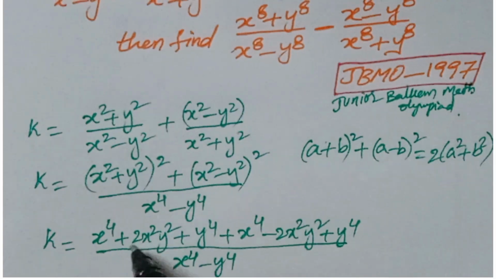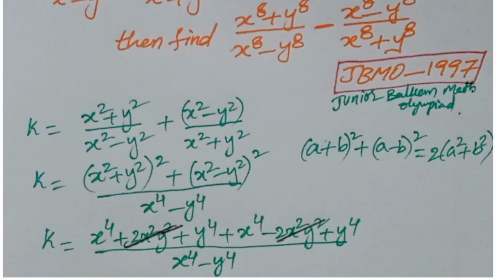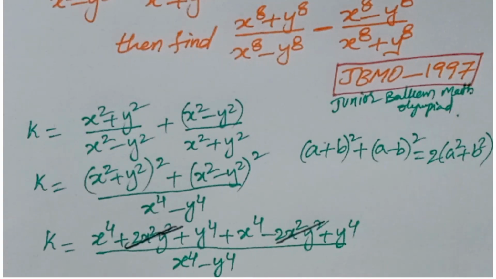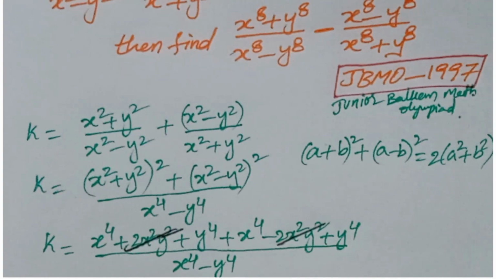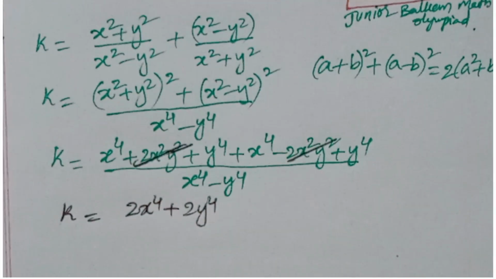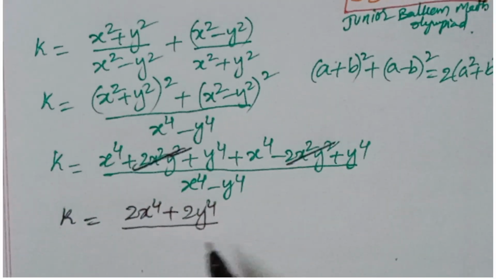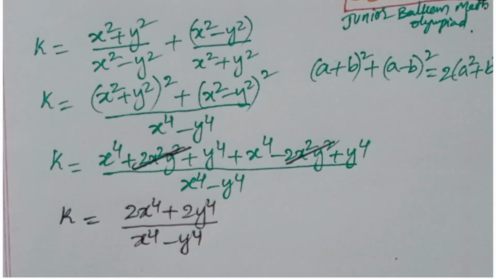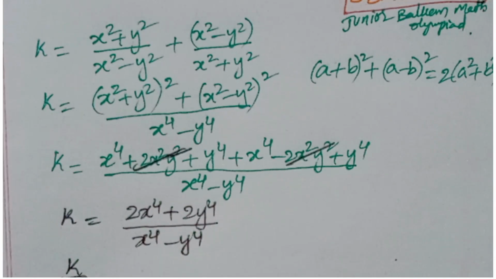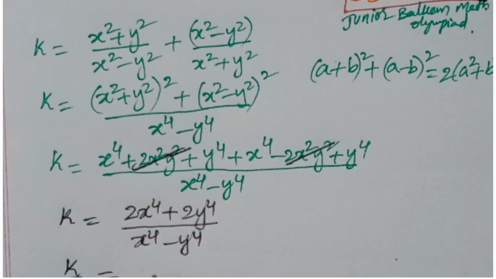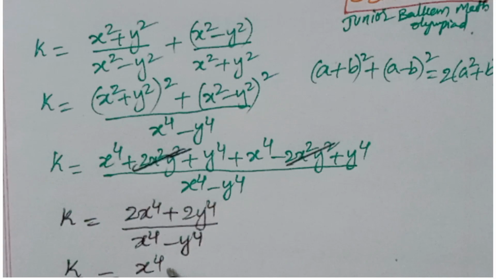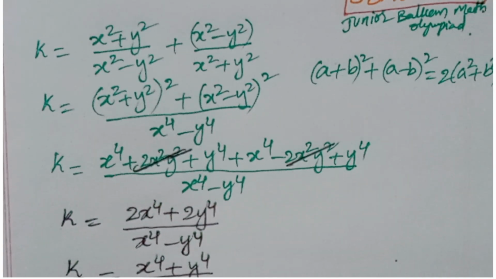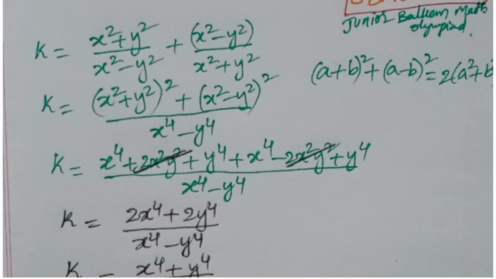Here these two terms get cancelled, or you can do it by using the formula also. 2x⁴ + 2y⁴ by x⁴ − y⁴. Now taking 2 common and sending to that side, k/2 is equal to (x⁴ + y⁴)/(x⁴ − y⁴).